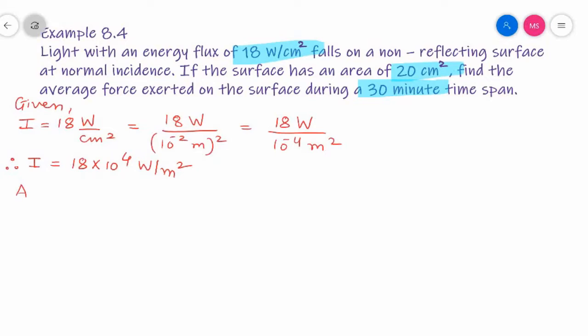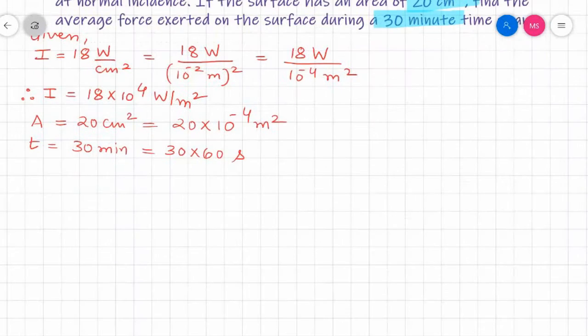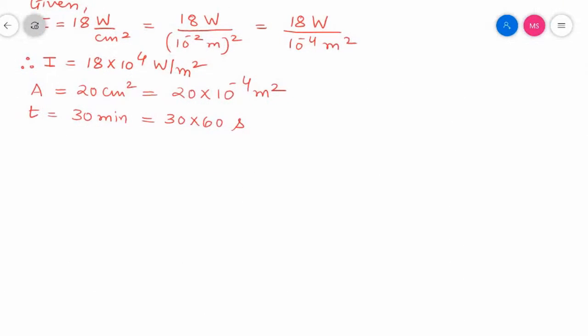Also, area of the surface A is given as 20 centimeter square, which is equal to 20 into 10 to the power minus 4 meter square, and time t is given as 30 minute, that is equal to 30 into 60 second.